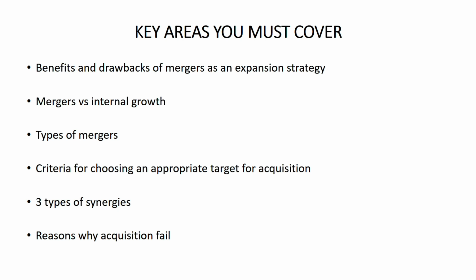And also window dressing, right? When you see the financial statements and the financial results of the target company, they might be manipulated. You might have seen the manipulated results and you thought of acquiring the company. So these are some of the reasons why acquisitions might fail.